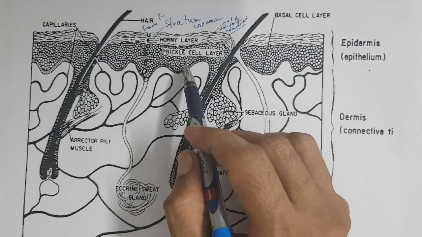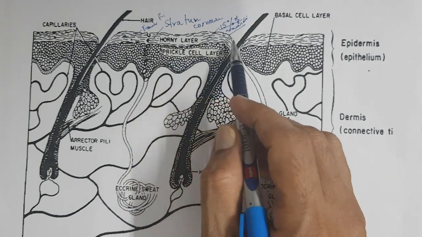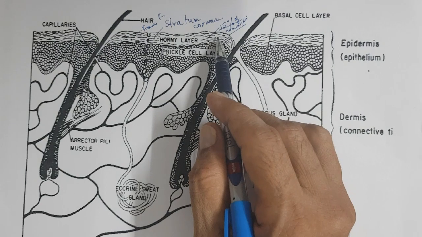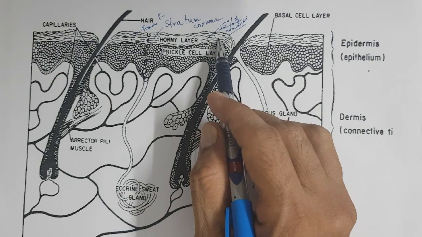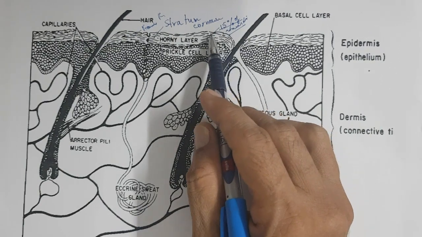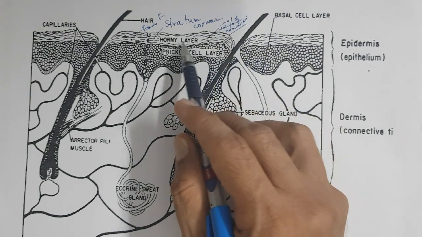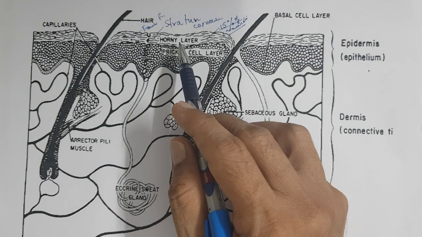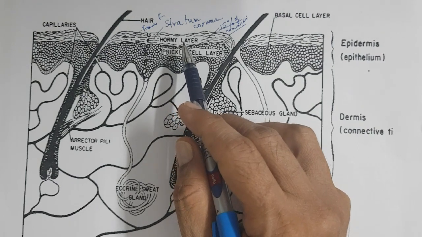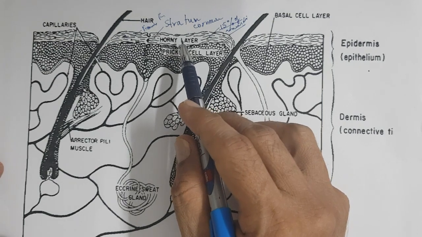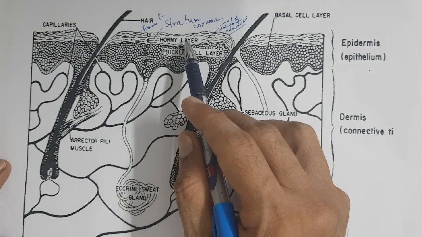It is only the stratum corneum, the outermost layer of the skin, losing moisture. Skin dry means stratum corneum doesn't have sufficient moisture. So in the next video we will specifically talk about moisturization and the ways to moisturize the skin.